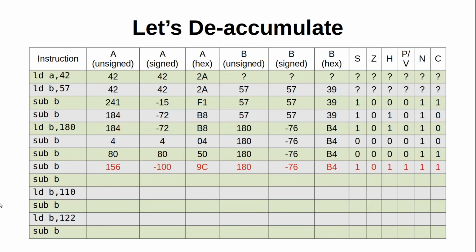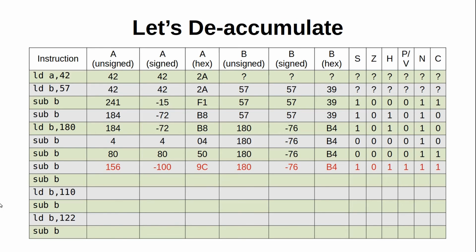It does not, however, match the signed difference, as 80 minus negative 76 is 156, which is too high for an 8-bit value. So this means that we also have the s-bit set, along with the h-bit from having to do 0 minus 4 for the lower nibble. This leaves only the z-bit clear, as that can't be set at the same time as the s-bit because 0 is always treated as a positive 2's complement integer.